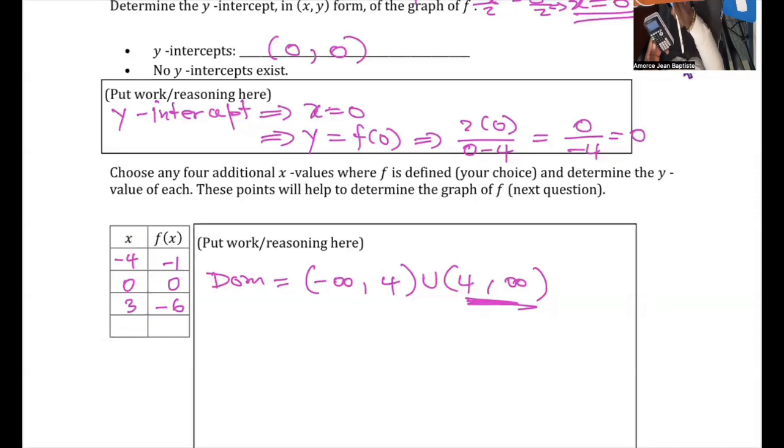Now I want some values on the right, so I'm going to take, let me see, 5, 6, all of them can work. So let me take 6. 6 is also 6. So those values can help me find a pattern for the function, and that can help when you're graphing the function.